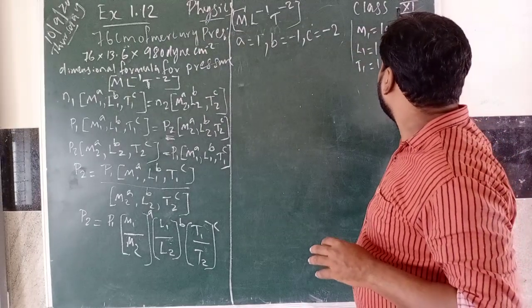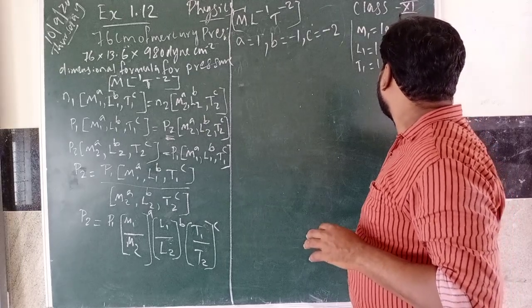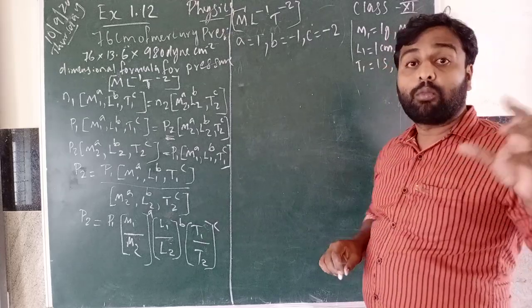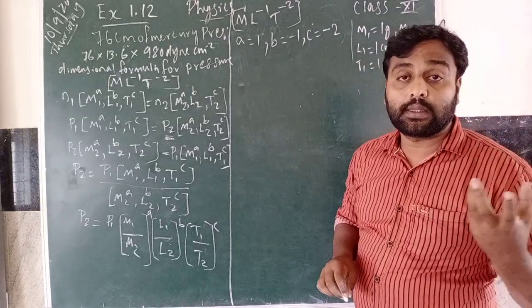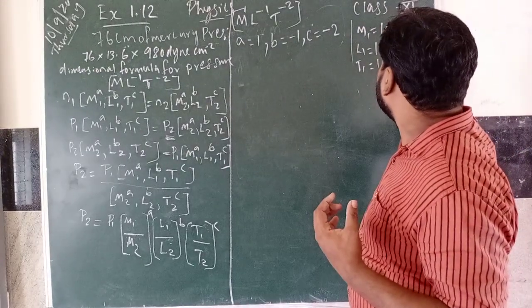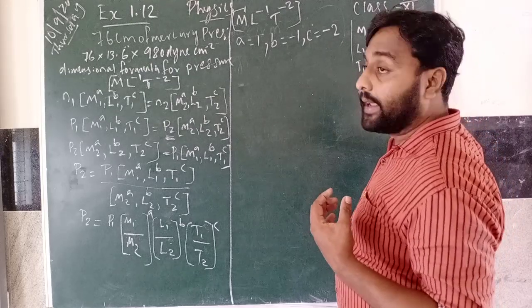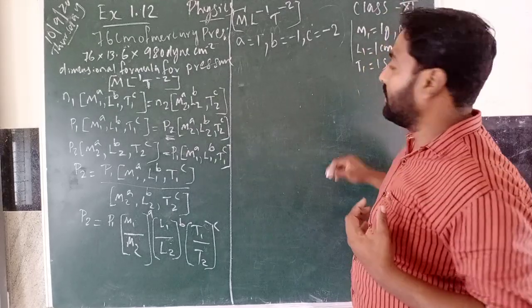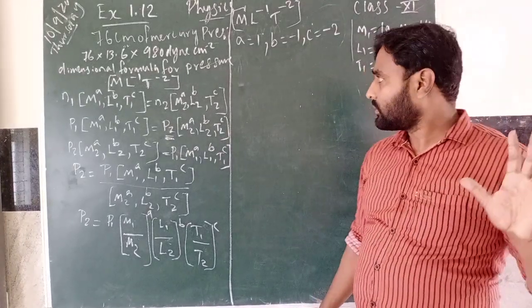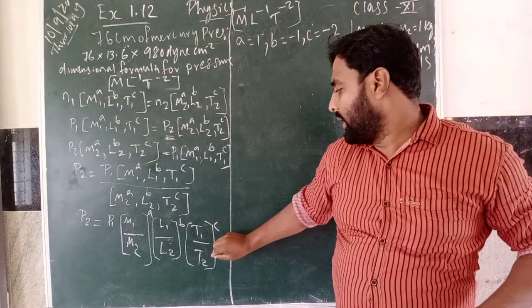Now M2, L2, T2 is what set of units? MKS. So here you can take mass 1 kilogram, length 1 meter, time the same, 1 second. Now substitute all these values in this equation.